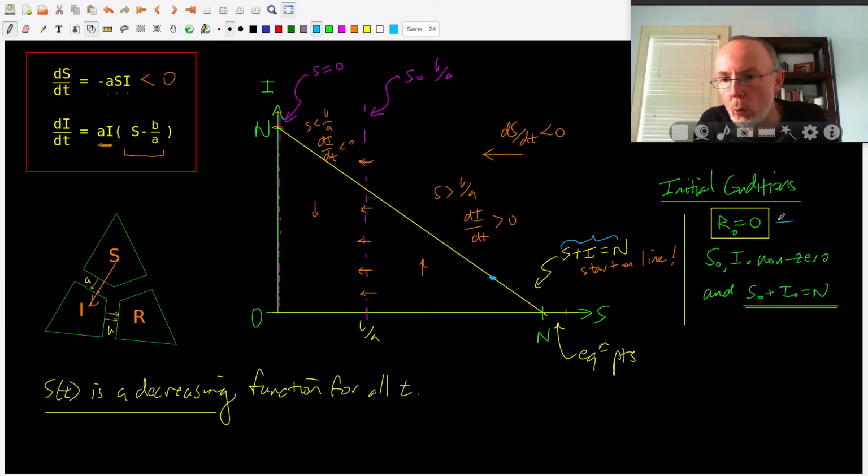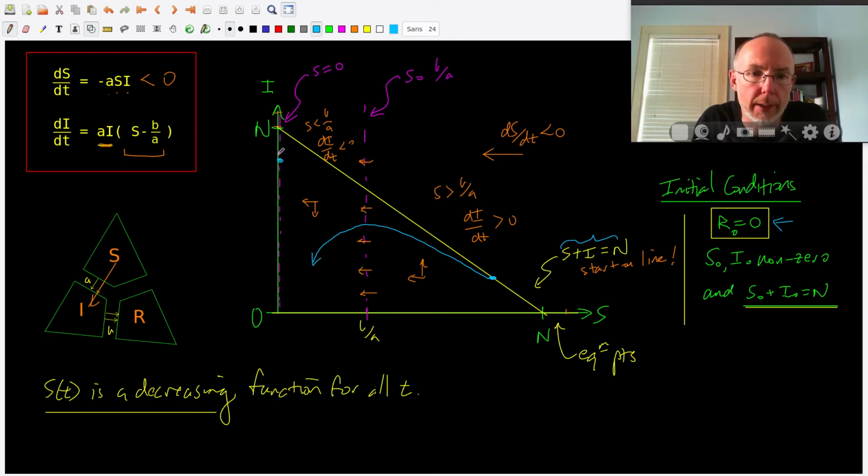We have no people who are recovered at this stage. So our little trajectories are showing that in this region, we're moving up and to the left. So we're going up and to the left until we get to this line where we stop moving up and now we start moving down. So it's got to look something like this.